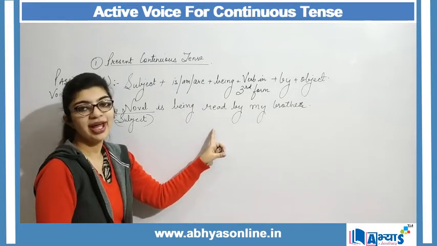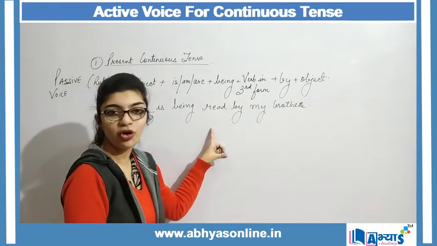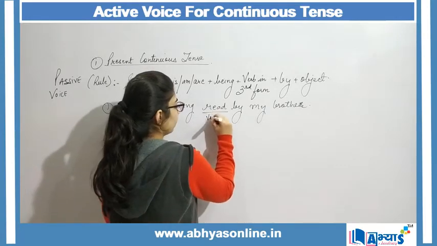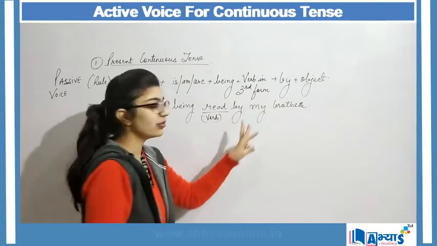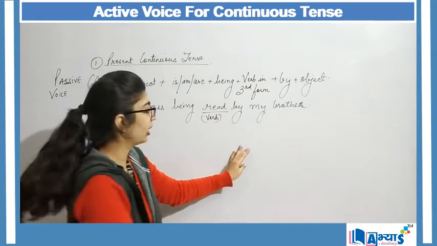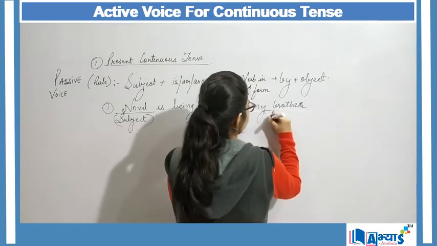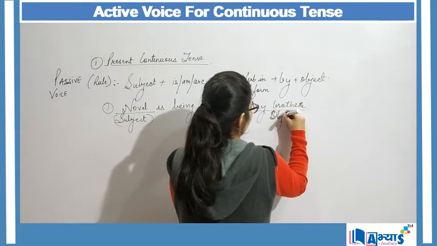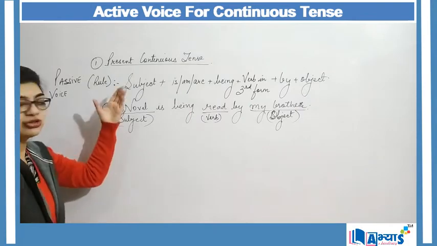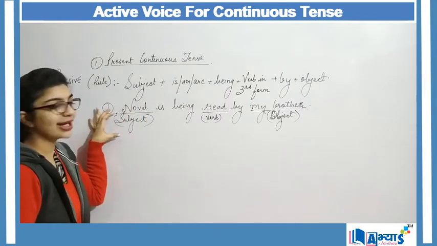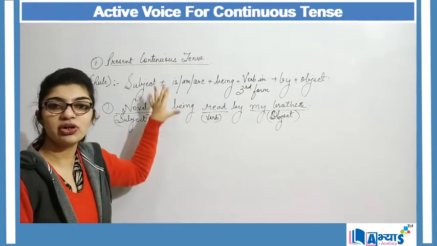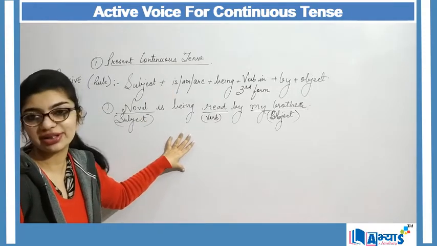Being read is a verb in third form of read. By I am using because by determines that my sentence is in passive form, and my brother is my object. Now I am sure that my sentence is in passive form and it is in a present continuous tense because the rule completely applies on this.